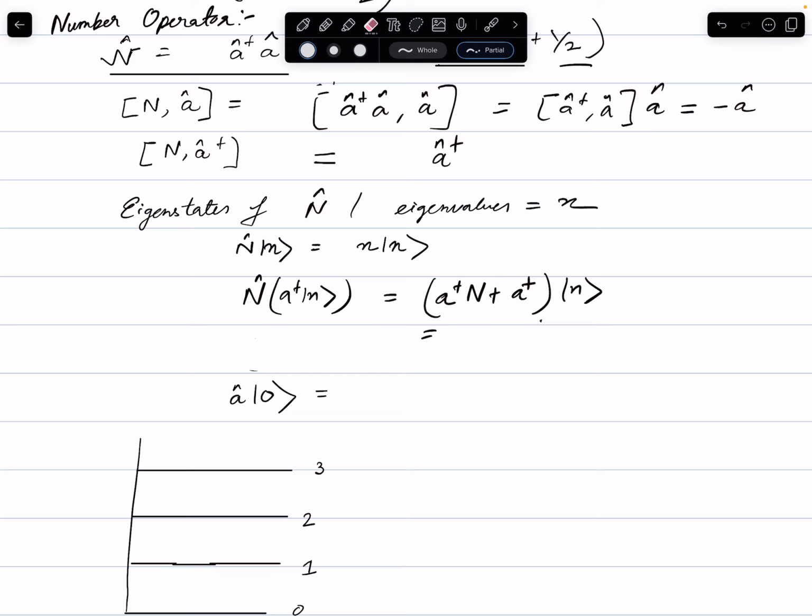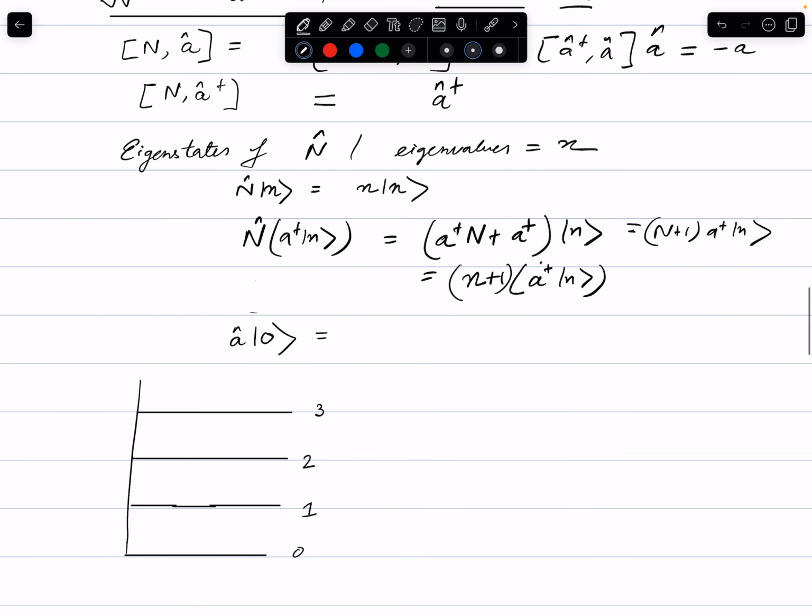Yeah, so what do we get finally? We get here that this is n plus 1 into A dagger n, right? Because this whole thing is n plus 1 A dagger n, and n acting on this gives me n, and the whole thing gives me n plus 1.